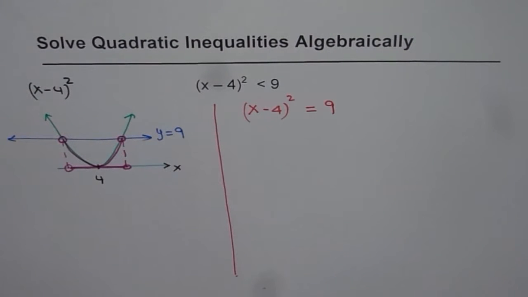So first we'll make it equal to, and then look for the solution which fits the inequality. In most inequality questions, first try to get equal to and then see with a test point where the inequality is true. That is the strategy we are going to use here also for quadratic inequalities.